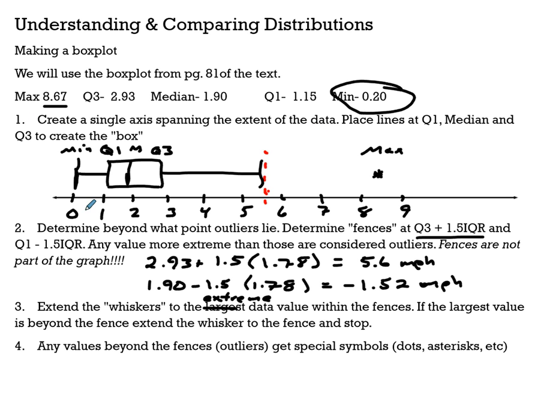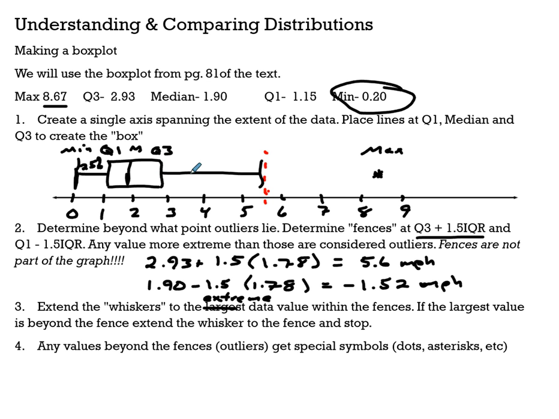Now we have our box and whisker plot. 25% of the data falls between 0.2 and 1.5, and 25% falls between 1.5 and 1.9. I'd write it in, but it would just mess up the graph. Another 25% falls between 1.9 and 2.93 right here.